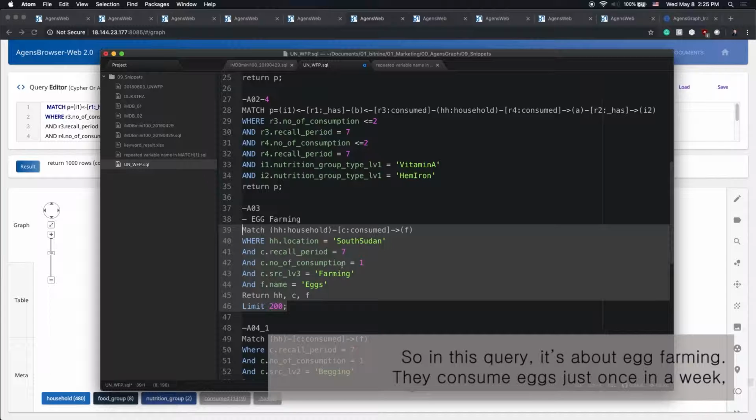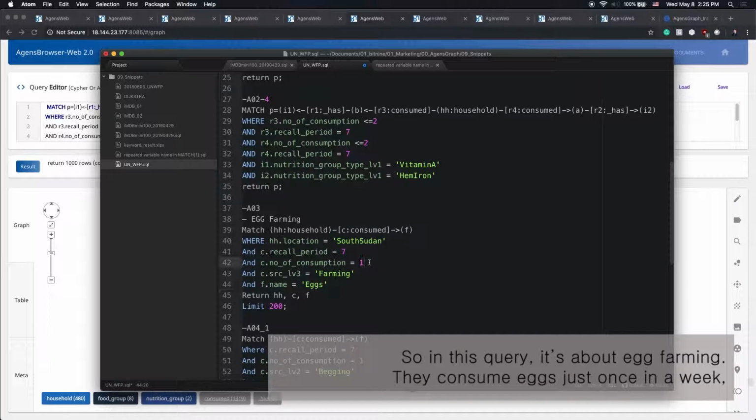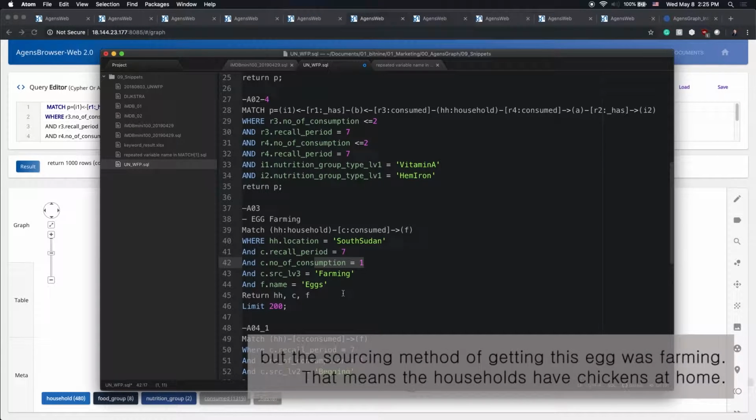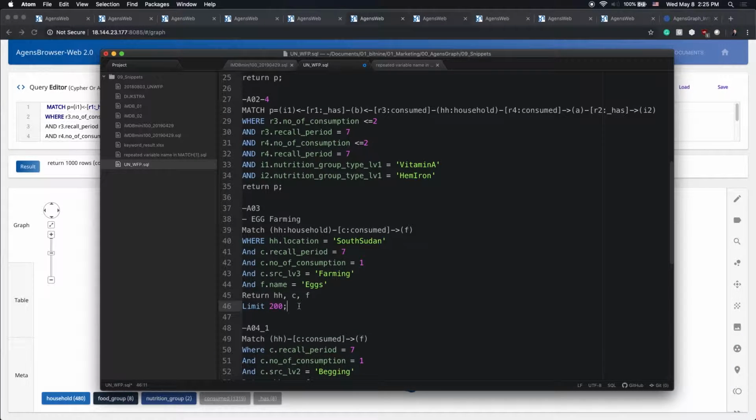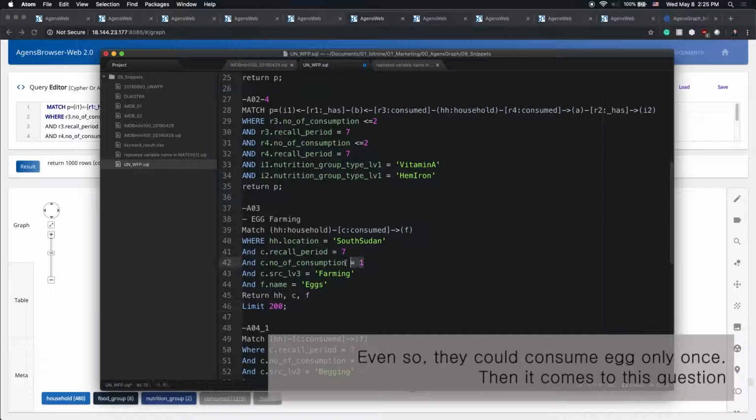They consumed eggs just once in a week, but the sourcing method of getting eggs was farming. That means these households have chickens at home, but even so, they could only consume eggs once.